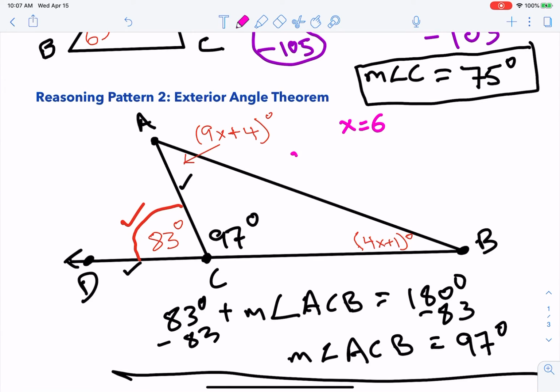So now we know that the measure of angle A is 9 times 6, that's 54, plus 4 is 58 degrees. The measure of angle B is 4 times 6, that's 24, plus 1 is 25 degrees.